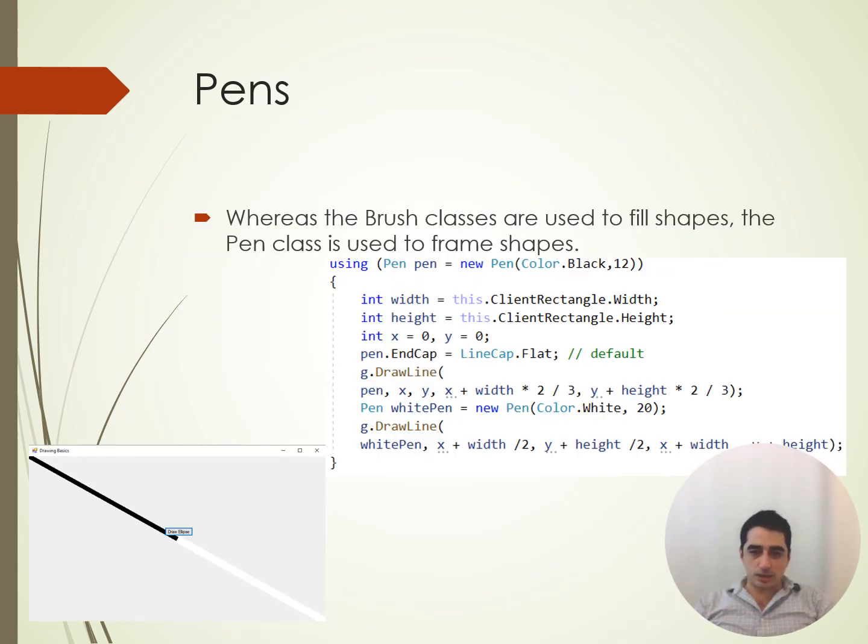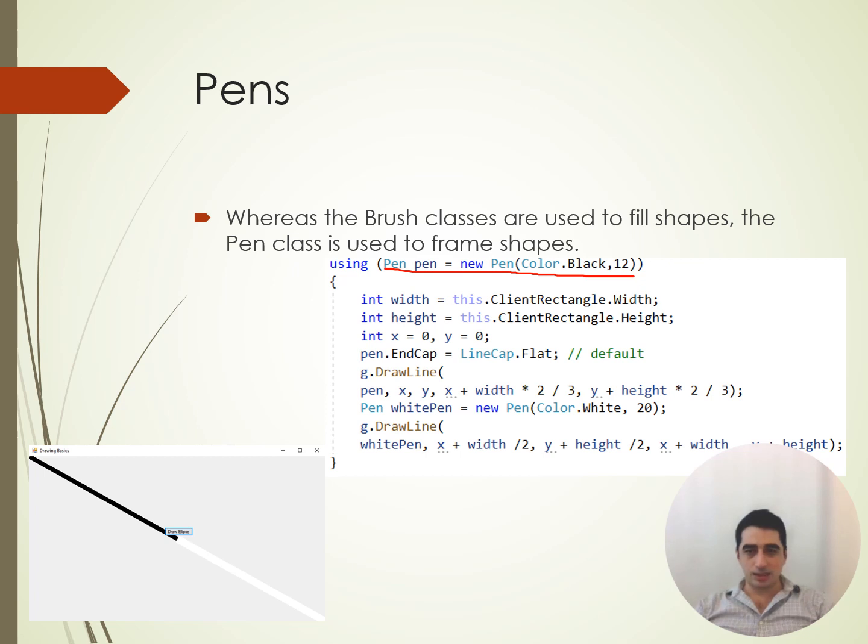While brushes allow us to fill different shapes, pens allow us to frame them and draw new shapes. All you need to do to use a pen in Windows Form applications is to instantiate from the pen class this way.